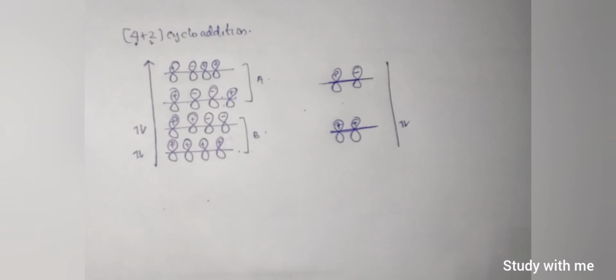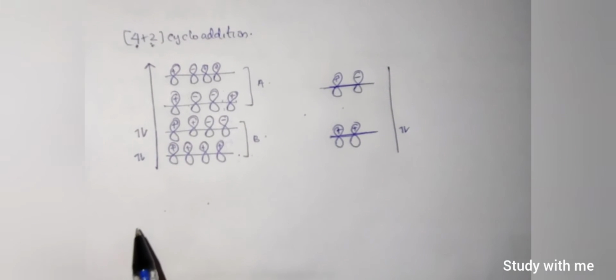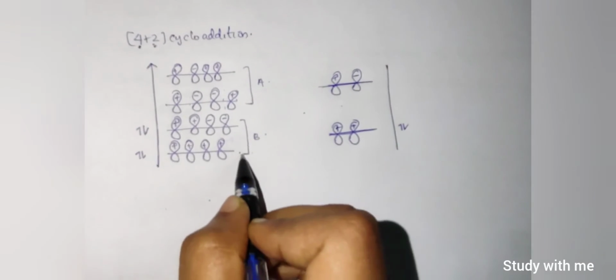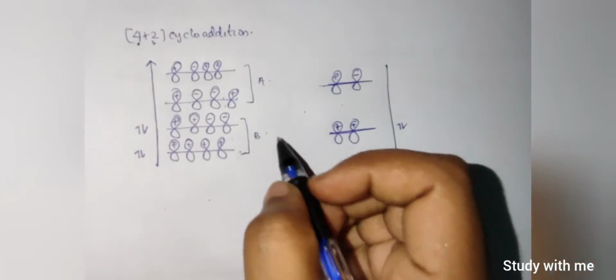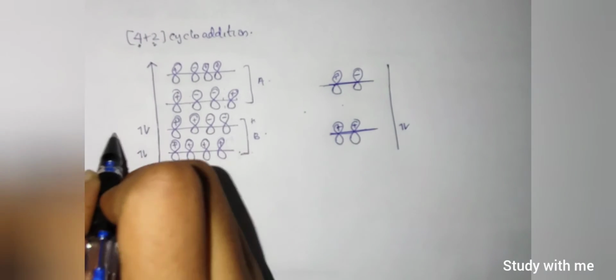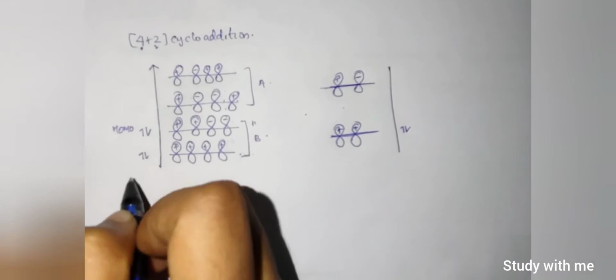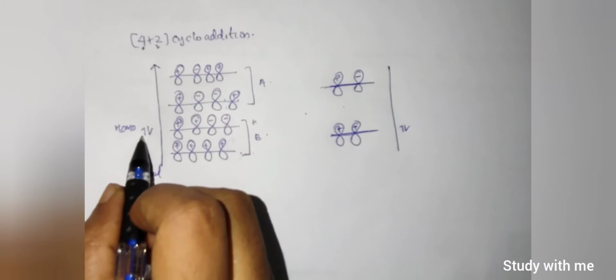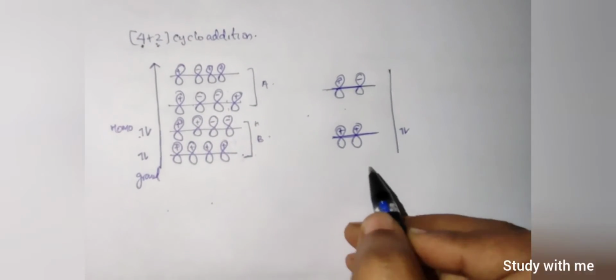ones. Here first we will consider the interaction between the ground state HOMO of butadiene. So the ground state HOMO will be this, because here is the electron. So this is the HOMO, this is the ground state HOMO of butadiene, and the ground state LUMO, isn't it?